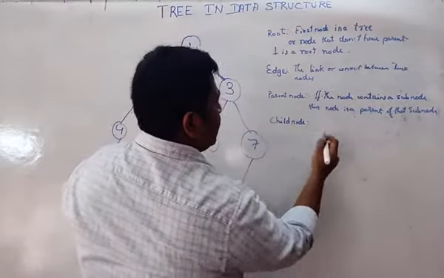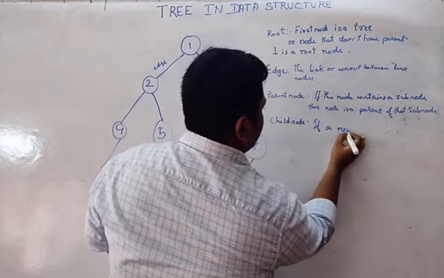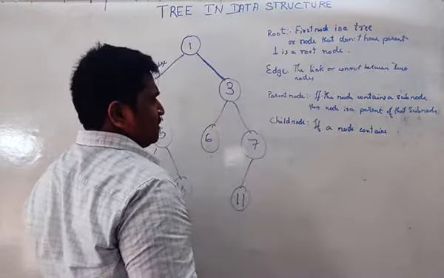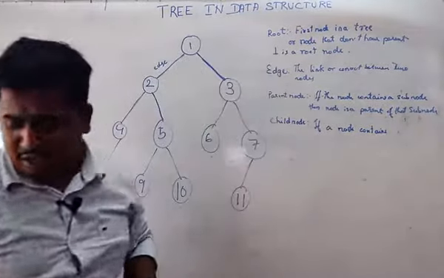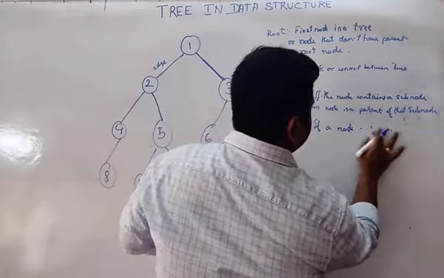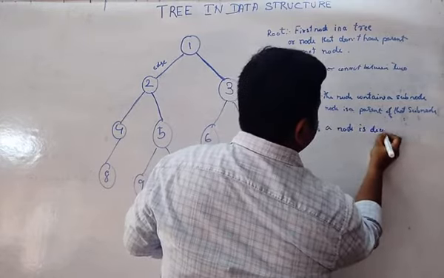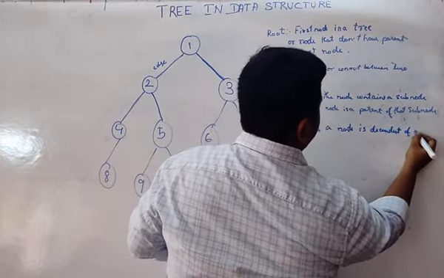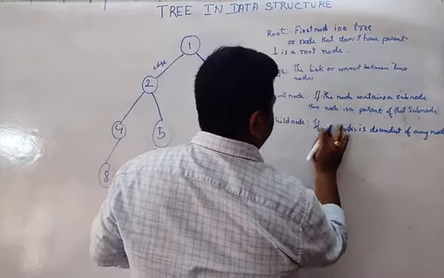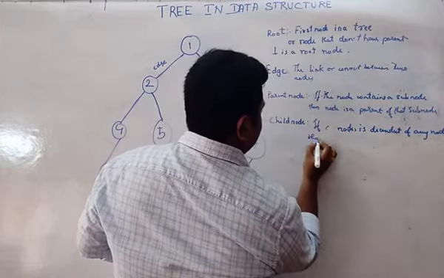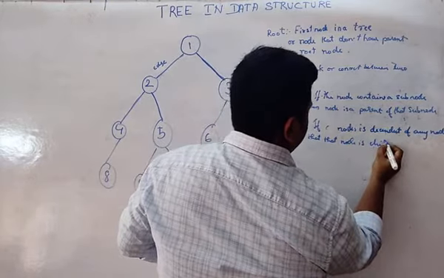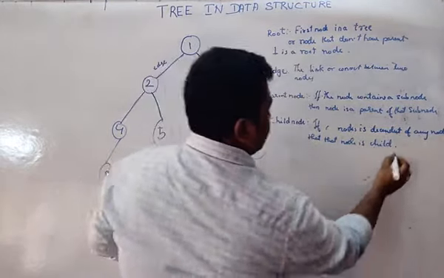Here also the same. If a node is a descendant of any node, then that node is a child node.